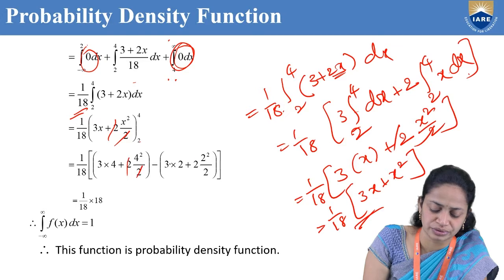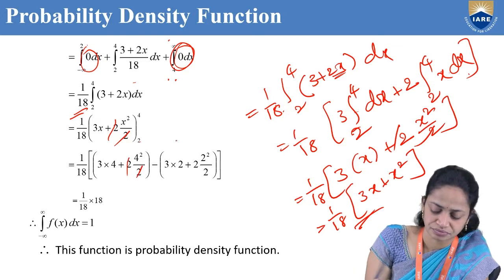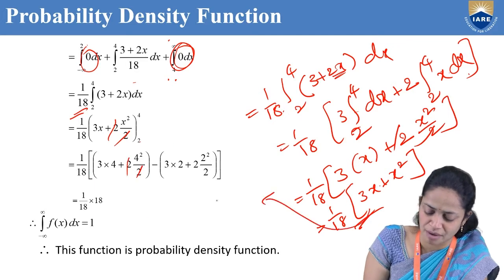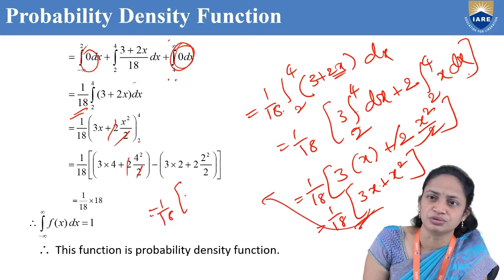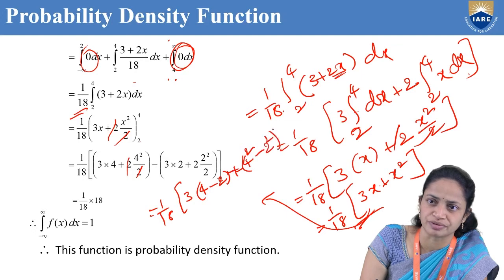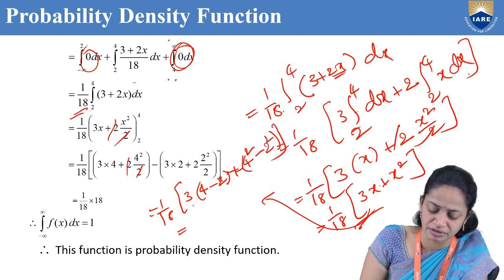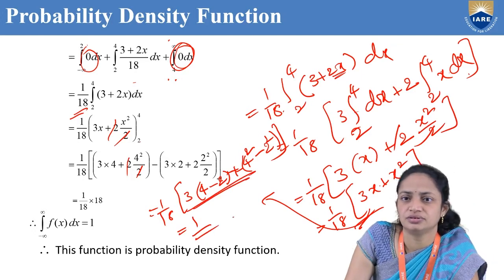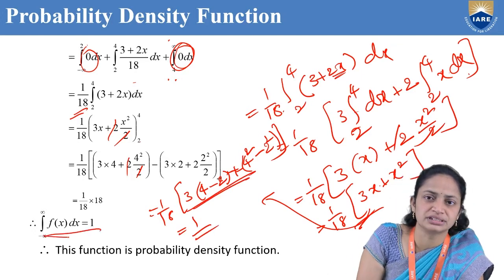First we substitute the upper limit: 1 by 18, 3 times upper limit 4 minus lower limit 2, plus upper limit 4 square minus lower limit 2 square. If you simplify this, we will get the answer 1. So the second property is also satisfied.